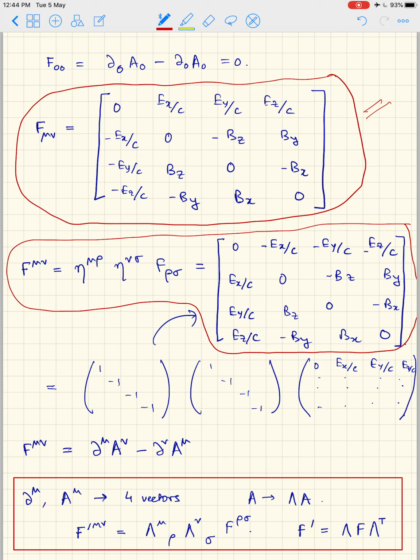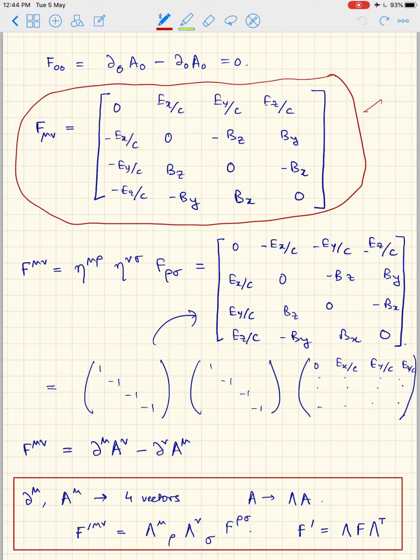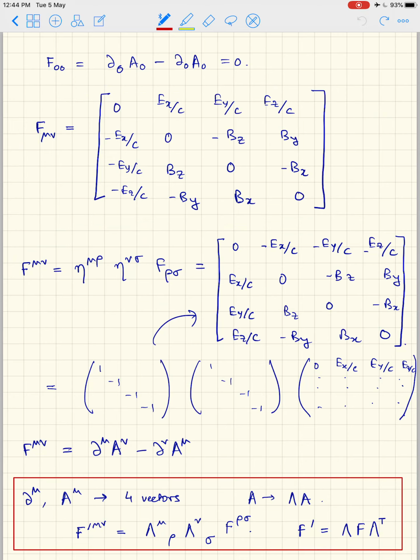So let me erase these hideous red marks here for the moment. Now, del mu is going to transform nicely, A nu is going to transform nicely. So F mu nu is obviously going to transform in a nice way, in this way that I circle.